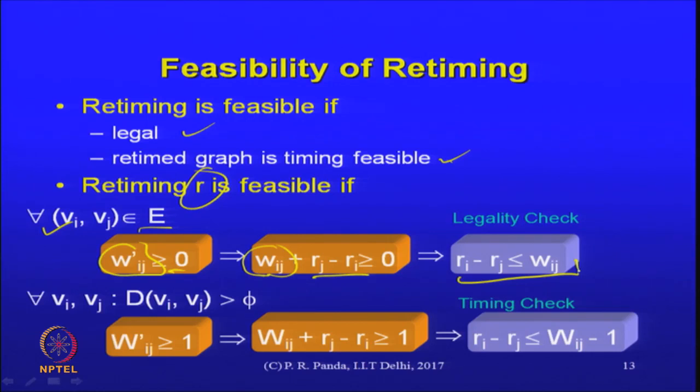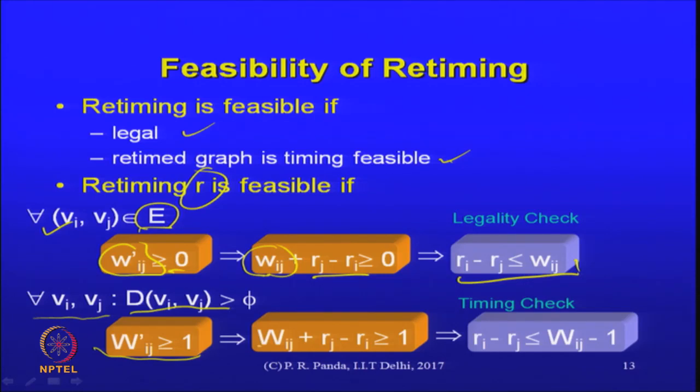Okay. Second is timing feasibility. You do this for all paths, for all ij. If it turns out that D vi vj is greater than phi, for the phi that is input to us, then I require that the capital Wij prime should be greater than or equal to 1. What was this anyway?